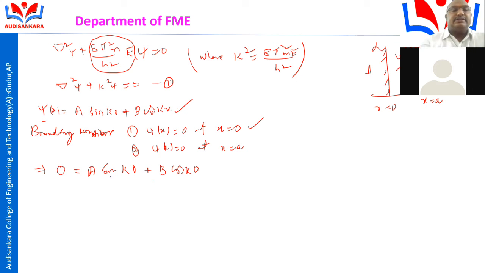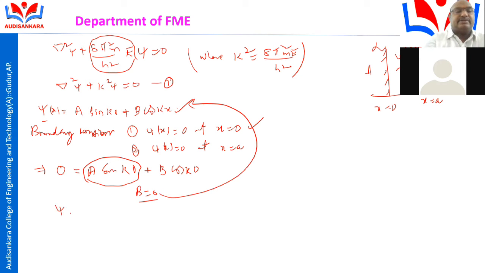Sin 0 is 0, so that term is 0, and cos 0 is 1, that means b is equal to 0. Substitute b is equal to 0 in the equation, then psi of x is equal to a sin kx, since the b term is 0. So this is equation 1, this is equation 2.